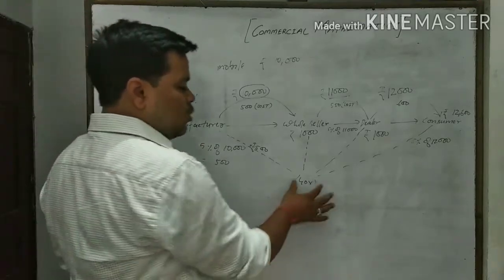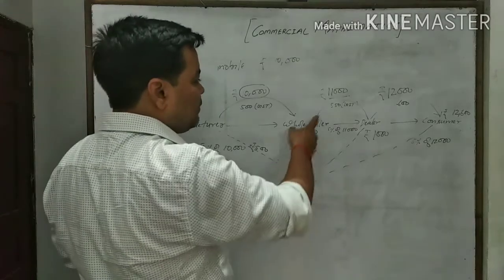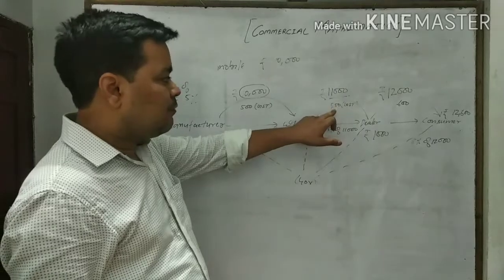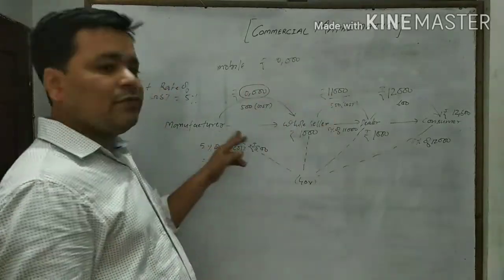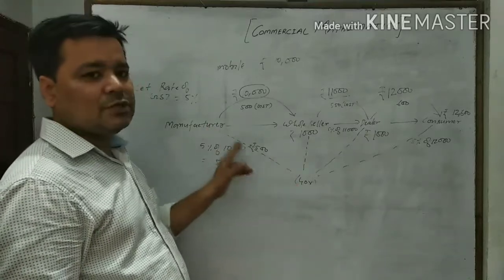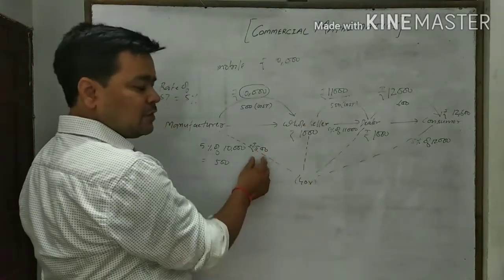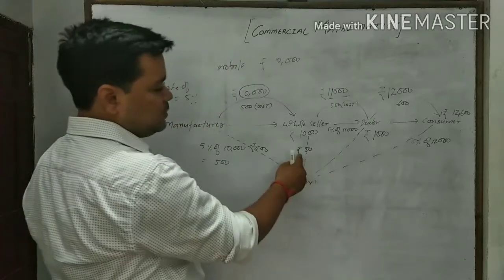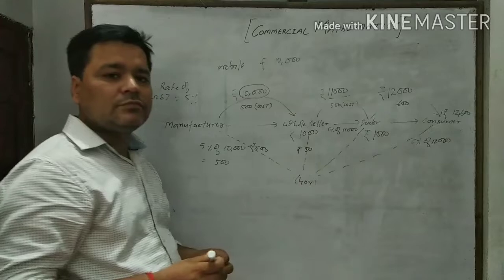And how much money will the wholesaler give to the government? That will be 550. But of 550, 500 rupees he already paid to the manufacturing company, from where the government collected 500 rupees. Therefore 550 minus 500 is 50 rupees. It means 50 rupees will be collected by the government from the wholesaler.